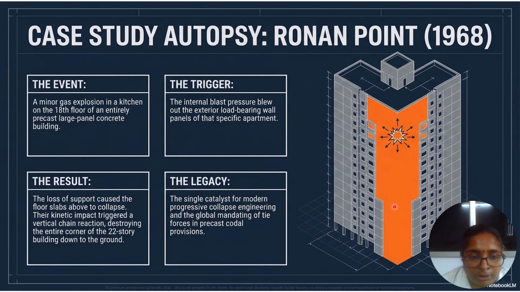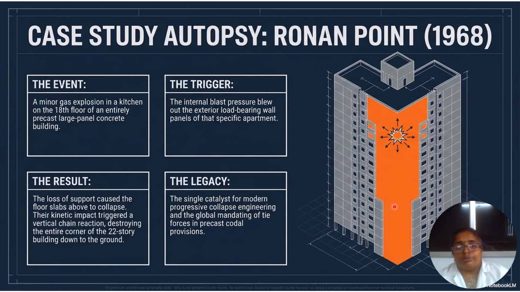The result: the loss of support caused the floor slabs above to collapse. Their kinetic impact triggered a vertical chain reaction, destroying the entire corner of the 22-story building down to the ground. The legacy: a single catalyst for modern progressive collapse engineering and the global mandating of tie forces in precast codal provisions.